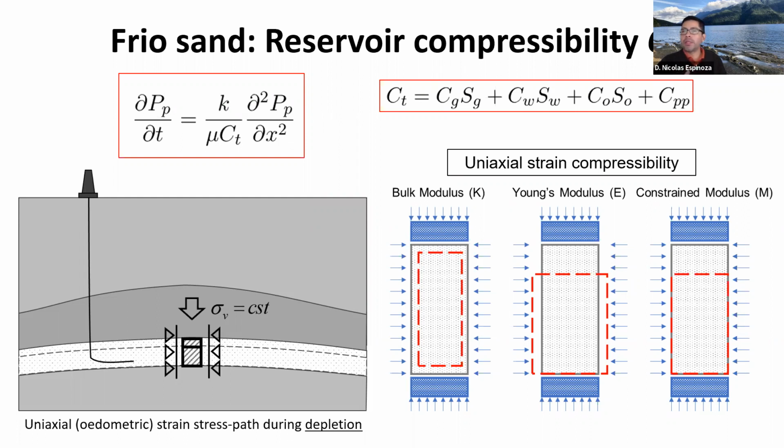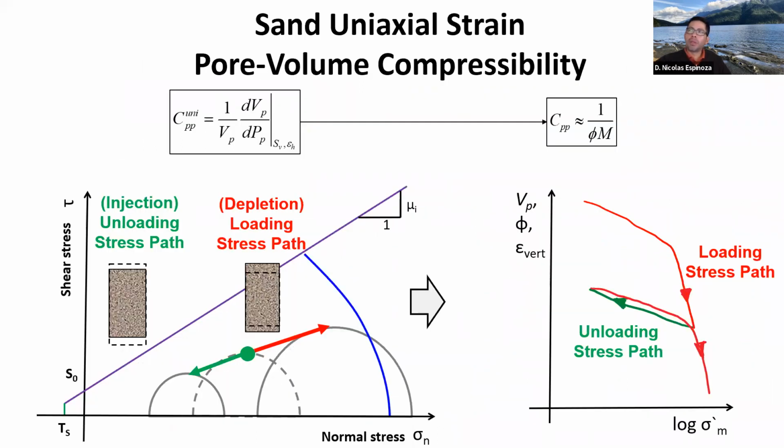What you want is a high compressibility so that the porosity can deform and take an increase of pressure with a large deformation. If I have a very stiff rock, I'm not going to be able to inject that much because the pressure is going to rise very quickly, since the rock cannot deform. So we want something that can deform and accommodate the increase of pressure.